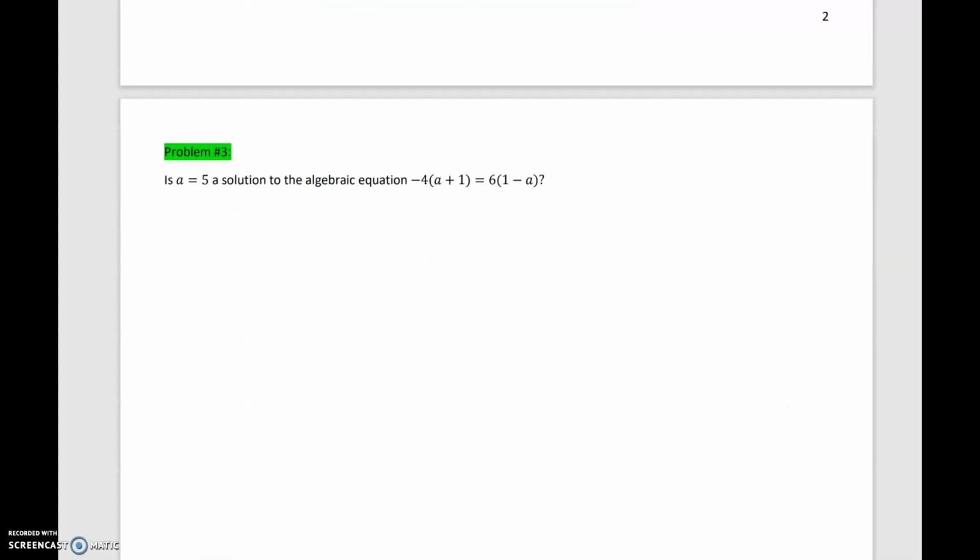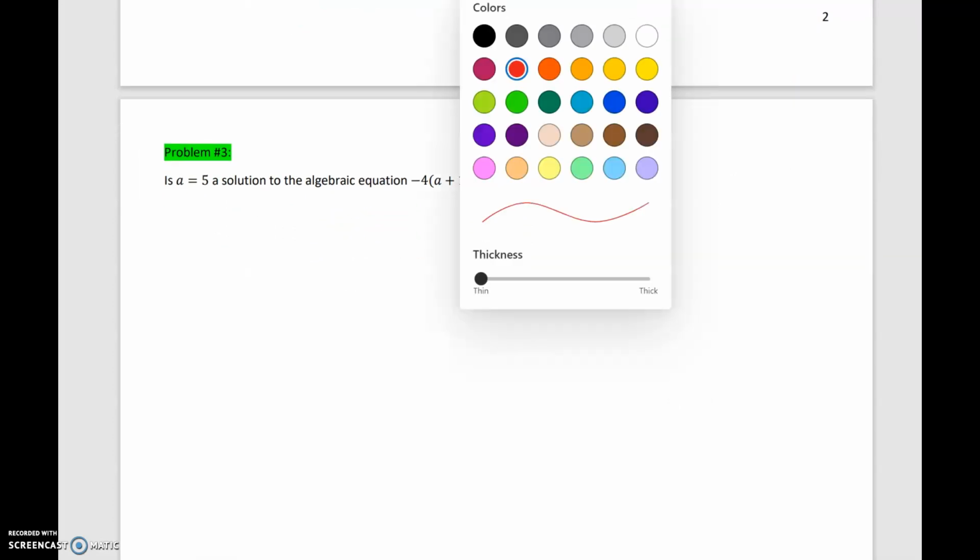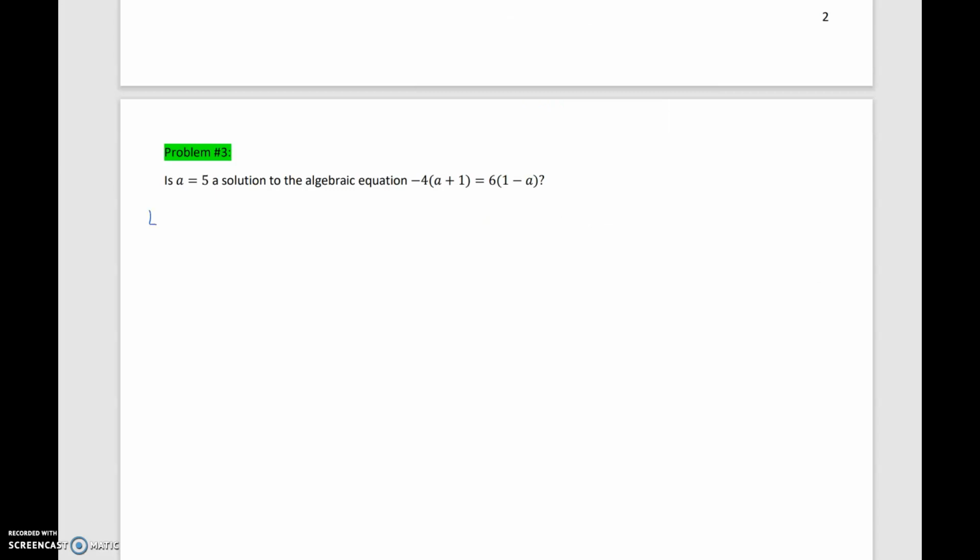And they're looking at a is equal to 5. So let's actually evaluate a is equal to 5. And we end up with -4 times a plus 1 is equal to 6 times 1 minus a. And remember that we're plugging in 5, which is the possible solution here. And after we plug it in, we're going to end up with -4 times 5 plus 1, which is equal to 6 times 1 minus 5.